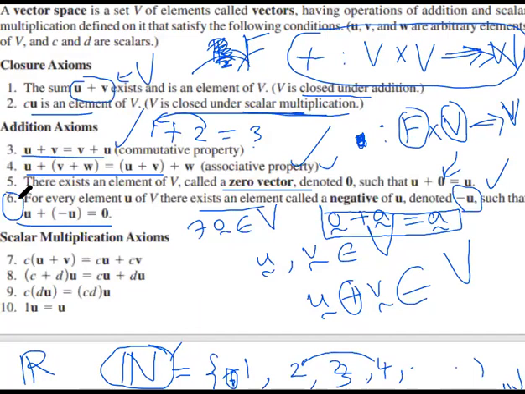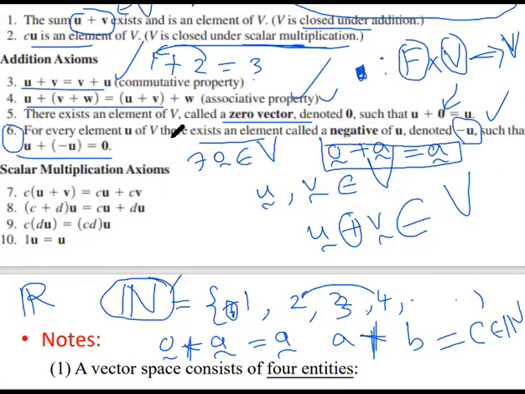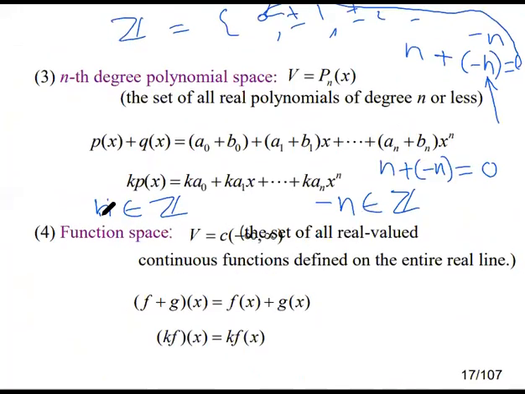For every element of the set V, there exists an element such that when you perform addition between these two numbers, you get the additive identity.